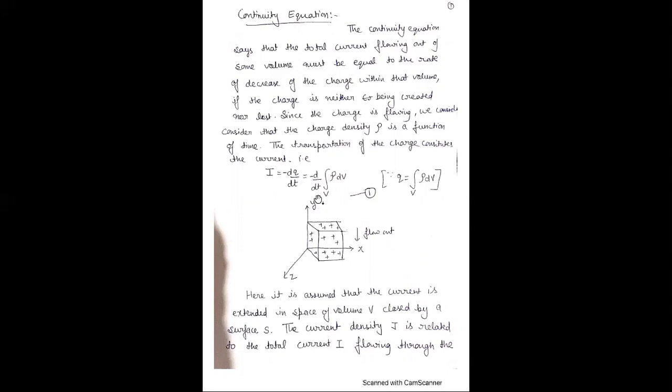That is equal to minus d/dt of q, and we know that charge is equal to the integral of rho dv over the volume. Therefore, replace q by rho dv.